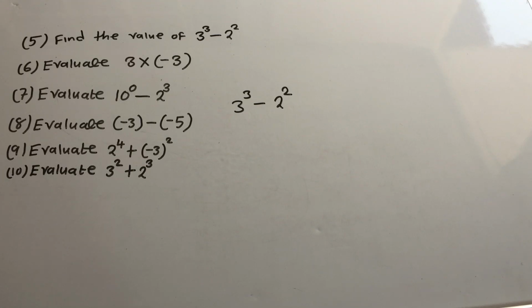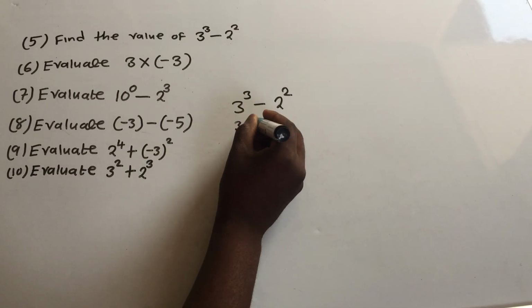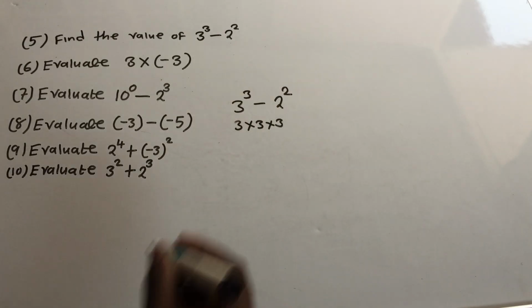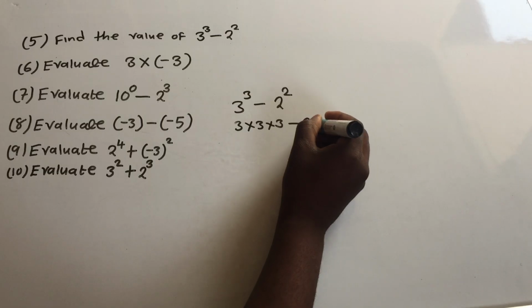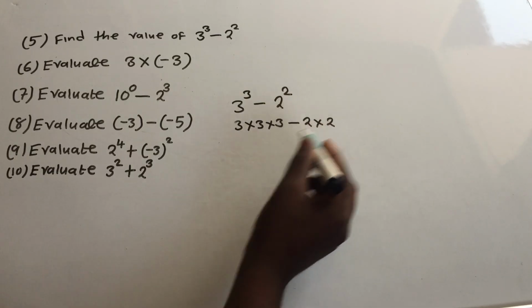When you are dealing with evaluation, you have to be good at the multiplication table. So 3 to the power 3 simply means multiply 3 how many times? 3 times. Minus 2 times 2, because 2 to the power 2 means 2 times 2.